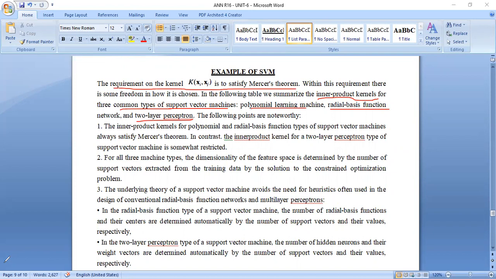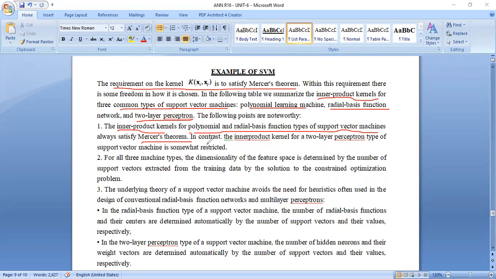Whichever we have discussed right now, these are the three functions used in support vector machines as inner product kernels, right? The inner product kernels for polynomial and radial basis function type support vector machines always satisfy Mercer's theorem.